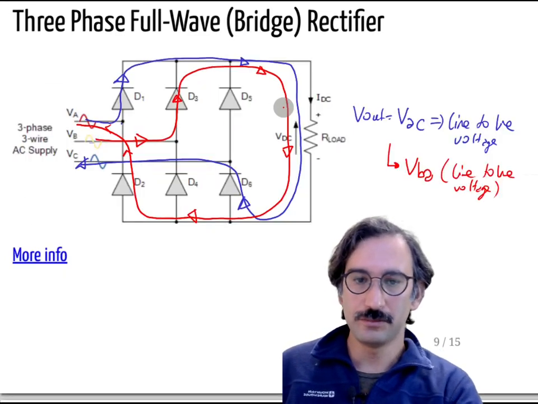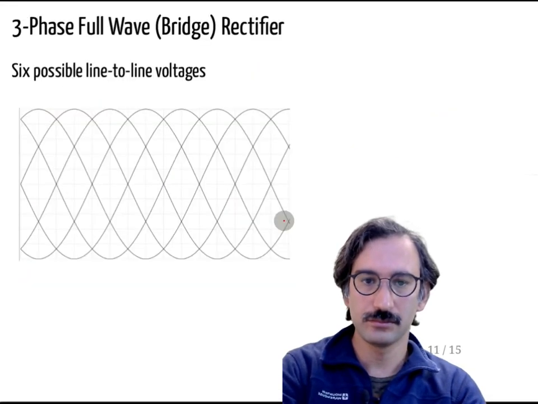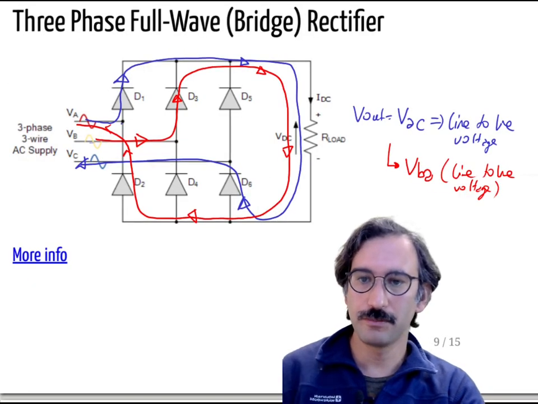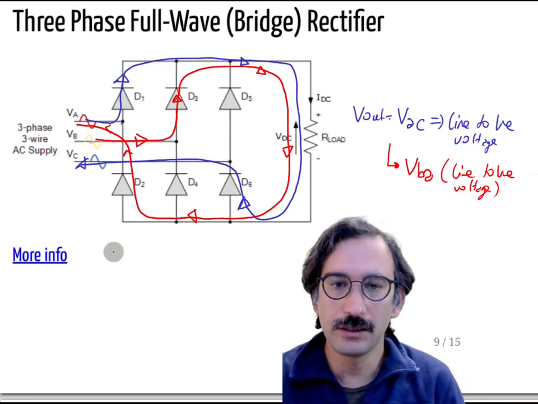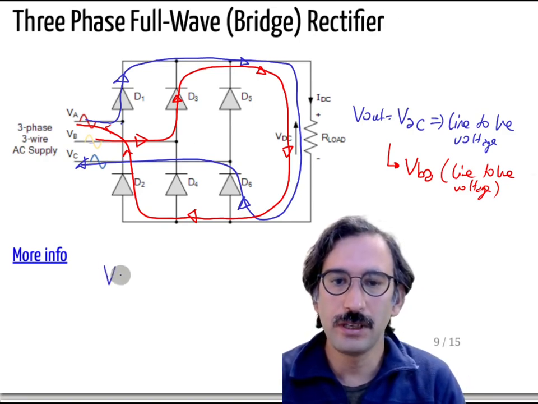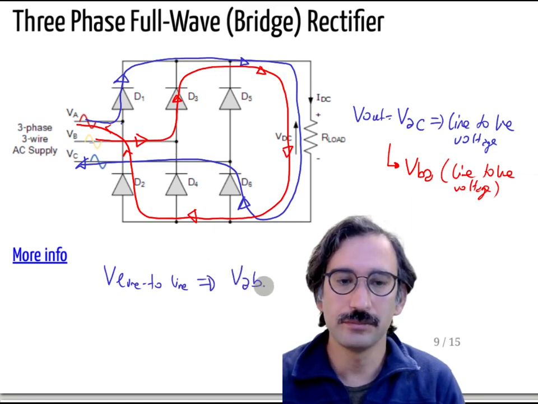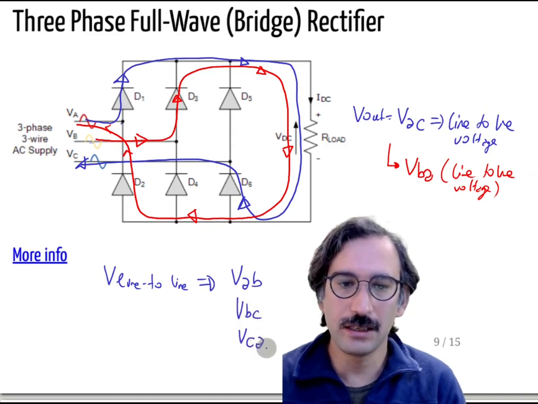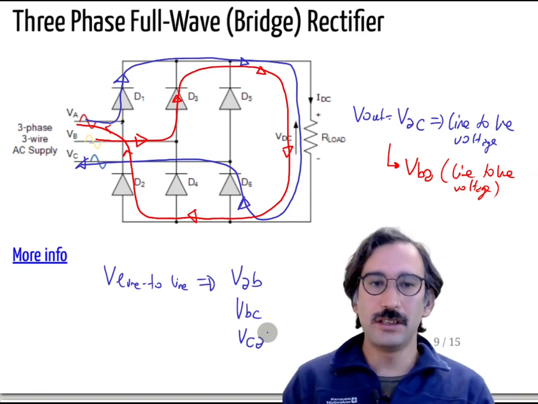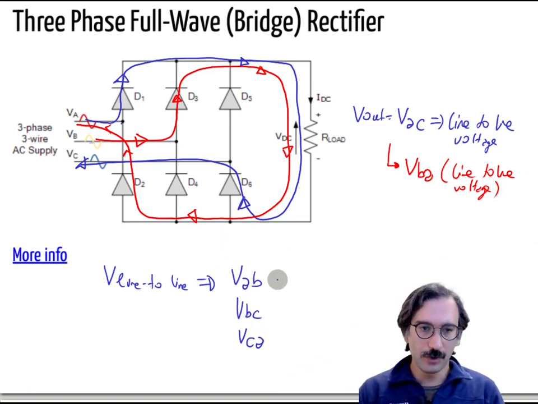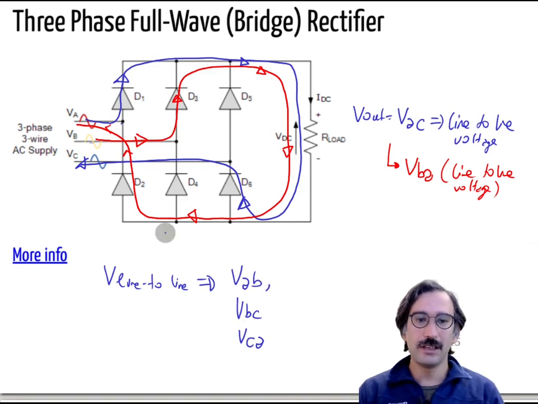So actually, if you think about it, there are 6 different line to line combinations. It's not shown here, so let me write it here. We have V line to line: we can have VAB, VBC, VCA, 120 degrees shifted versions of those voltages, and I can also have the negative values of those, VBA, VCB and VAC.